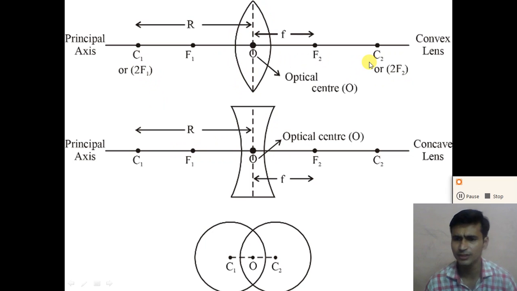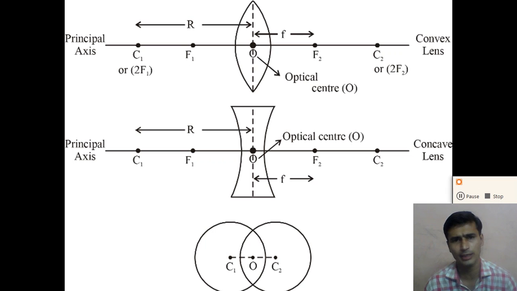Similarly, in this concave lens, two centers of curvature C1 and C2, right? In some textbooks, the center of curvature is denoted by 2F1 and 2F2.